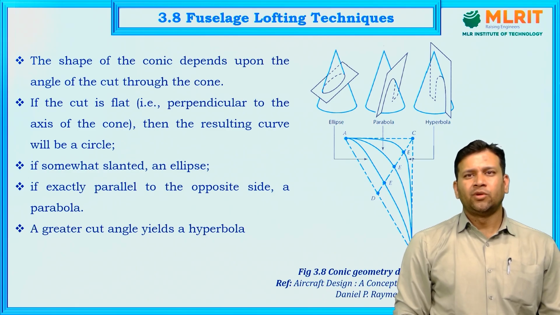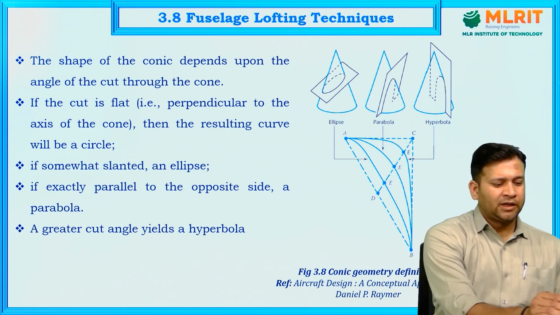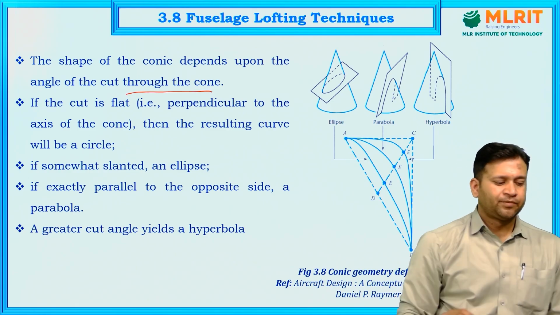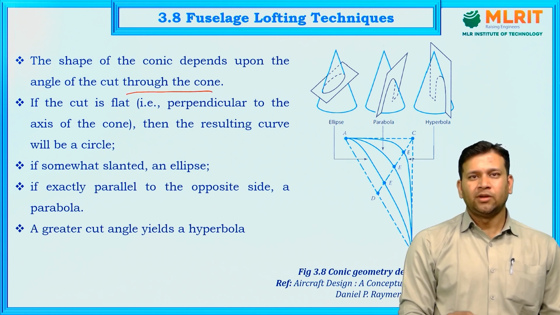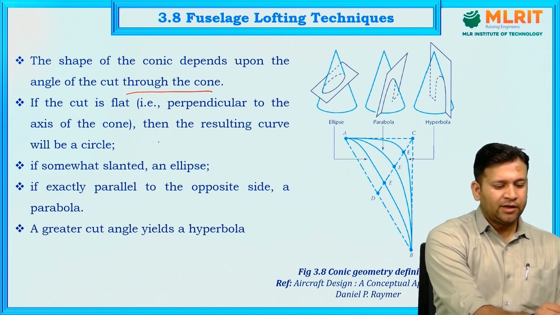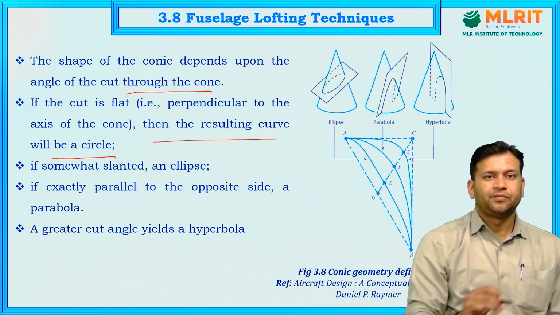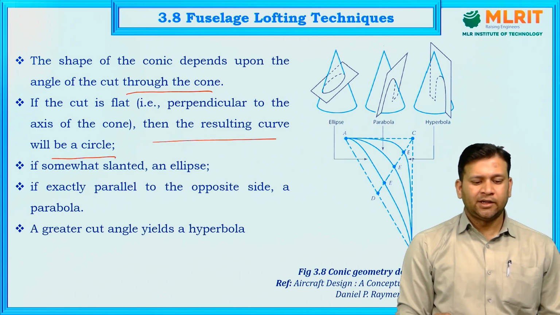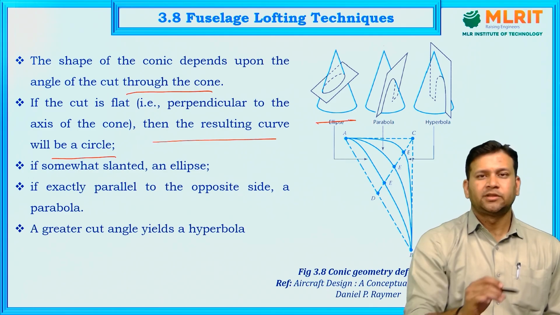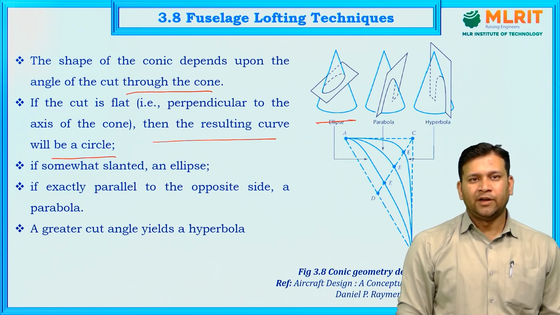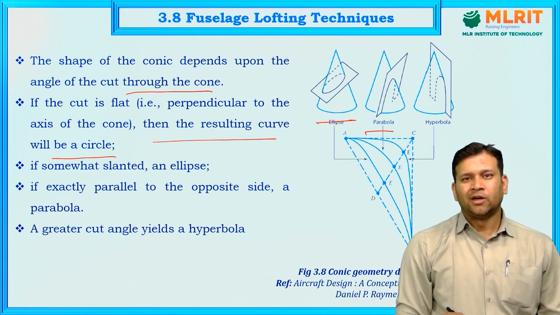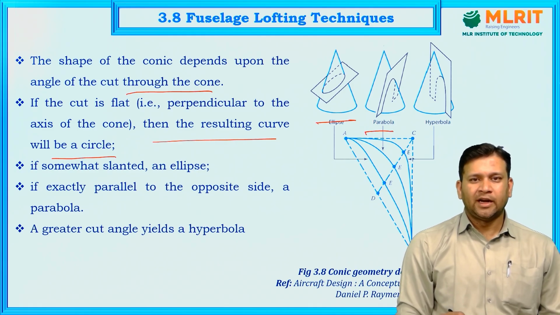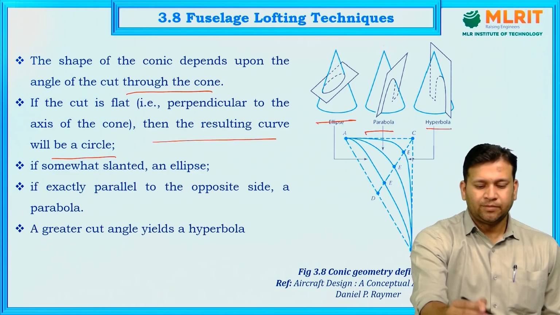The shape of the conic depends upon the angle of the cut through the cone. If the cut is perpendicular to the axis of the cone, then the resulting curve will be a circle. If somewhat slanted, then it will be an ellipse. If it is exactly parallel to the opposite side, a parabola is obtained, and a greater cut angle yields a hyperbola.